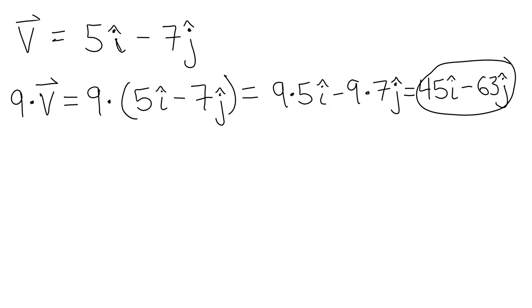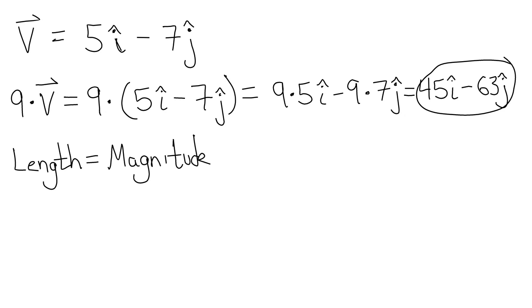The length of a vector is also called the magnitude, which you can also say the norm. The norm of a vector is the same thing as the length or the magnitude.